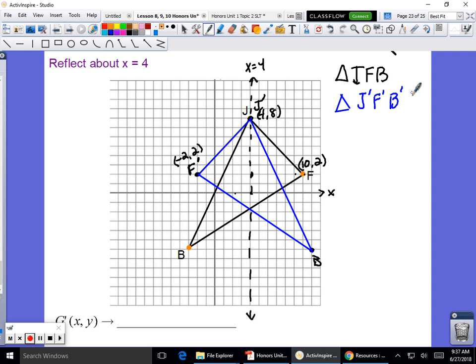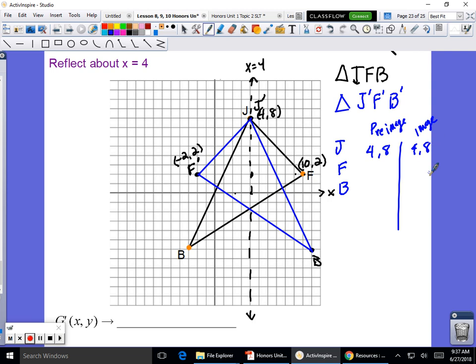Okay, so I want us to look at those coordinates. Let's write out the coordinates of the original for J, F, and B. Let's call it the pre-image and the image. J, the pre-image and the image were both the same: 4, 8. 4, 8.